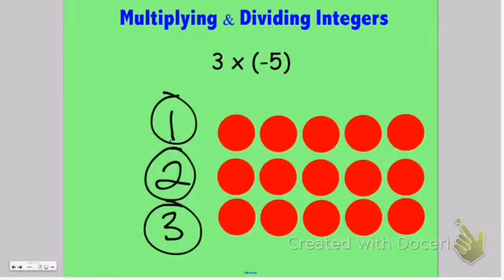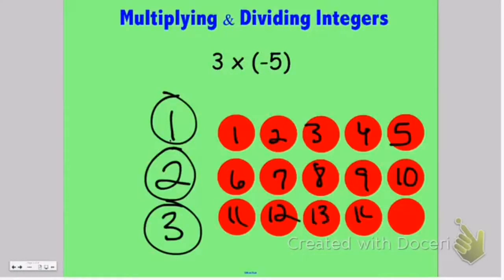And remember, the red demonstrates that these are negative. Then I can very easily count them all, 1, 2, 3, 4, 5, and so on and so forth. And I see that I end up with a -15.